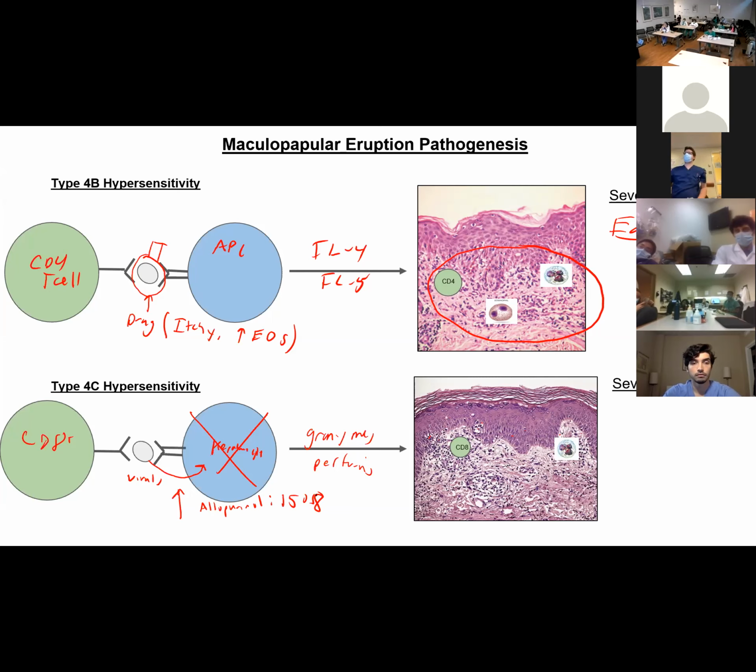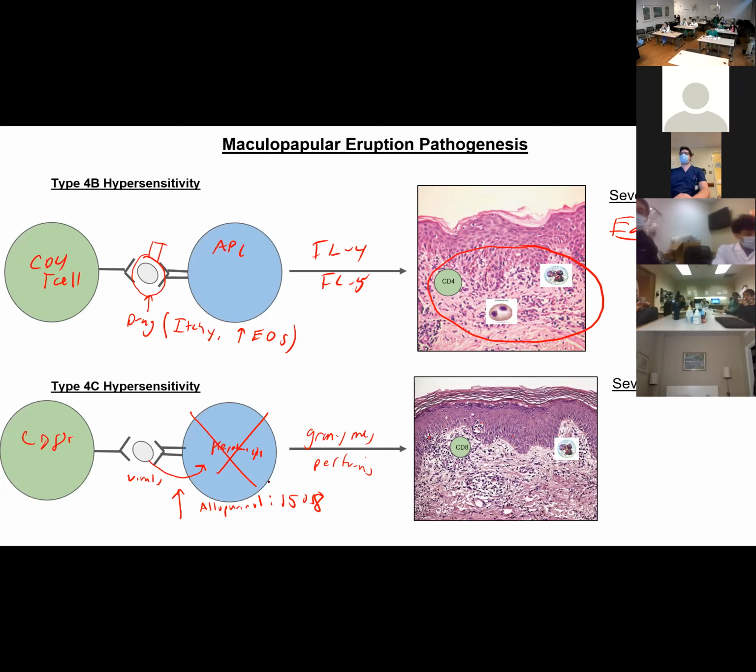You actually always have to test anyone who is Han Chinese or Southeast Asian before you start them on allopurinol, or else you put them at risk for SJS and also DRESS. The thought process is that, for some reason, this HLA molecule induces a conformation that, when it binds antigen, is more likely to elicit a severe immunogenic response.